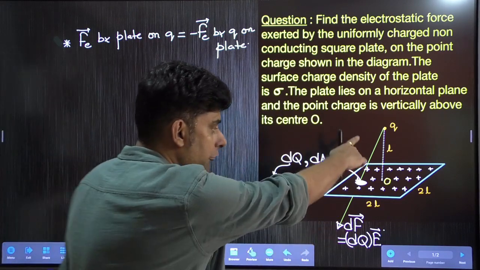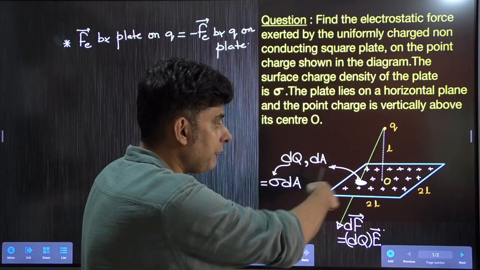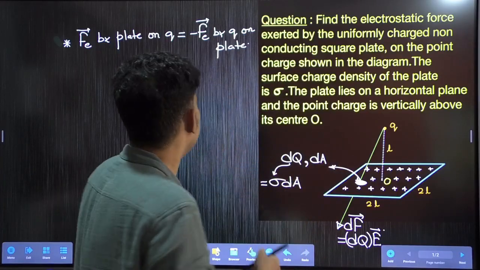Now this is the force only on this small area, but if I want to find it for the complete plate, we have to integrate.